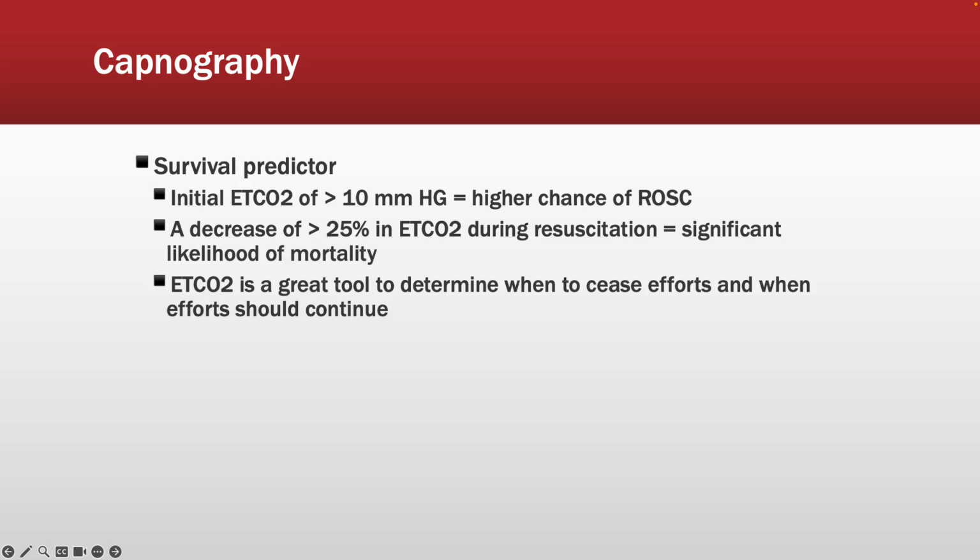So if you had an initial end-tidal CO2 when you first started compressions greater than 10, say almost immediately of 18, you've got a higher chance of getting ROSC. If you have a decrease of 25% in your CO2 readings during resuscitation, this is a significant likelihood of mortality.